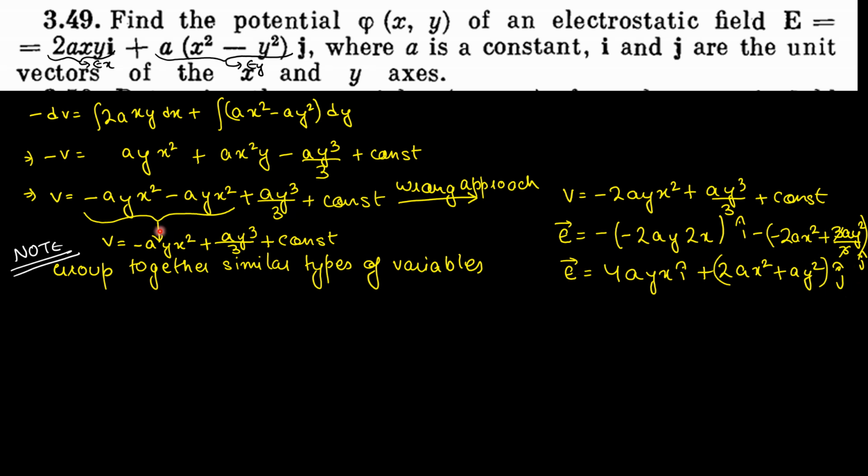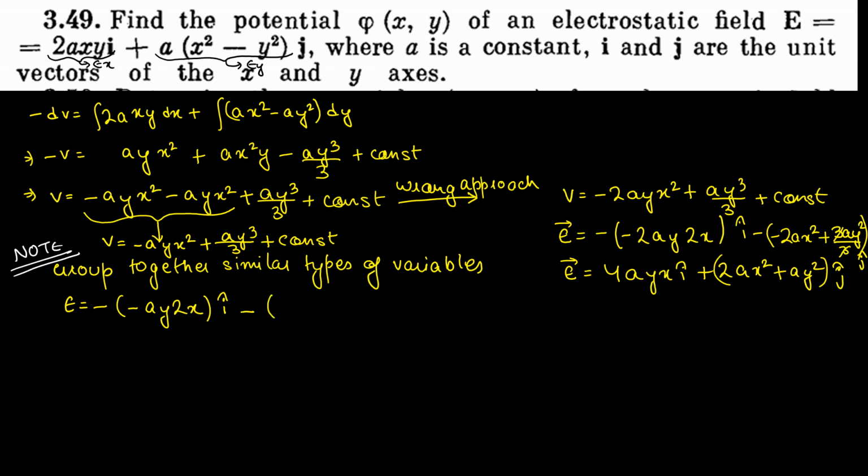But when you differentiate this potential with respect to x and y, you would get the same electric field as this one. Let's apply the same formula here. Electric field is equal to minus dV by dx. So I'll differentiate this entire term with respect to x. It is nothing but minus ay into 2x i, minus dV by dy.